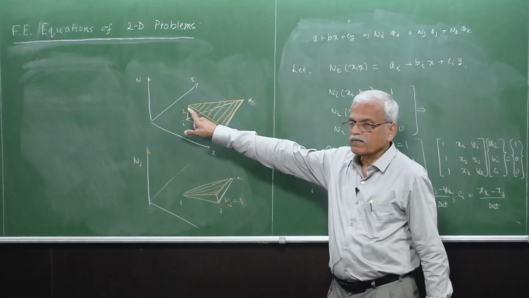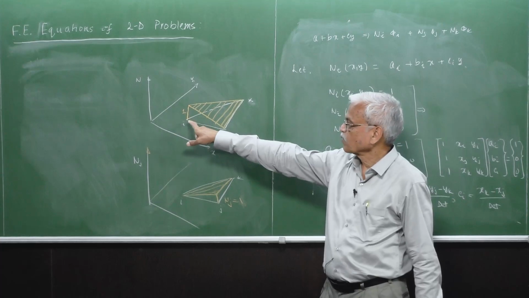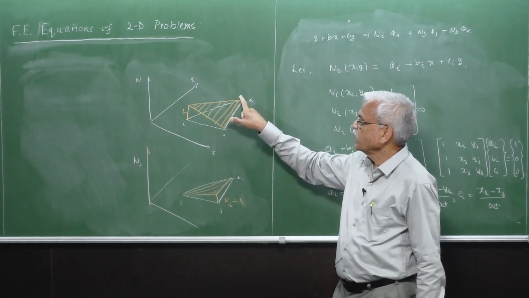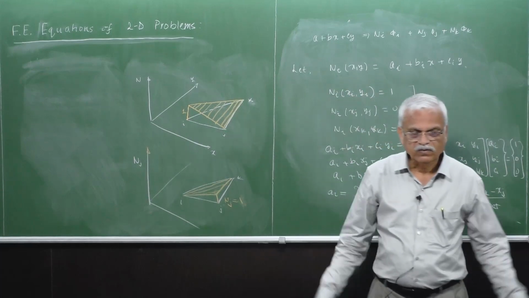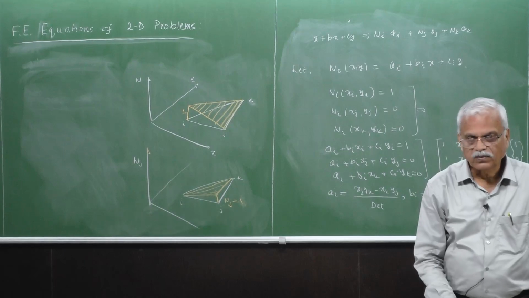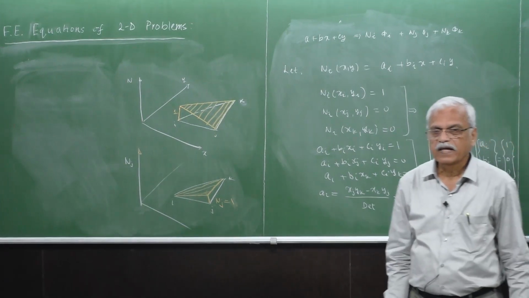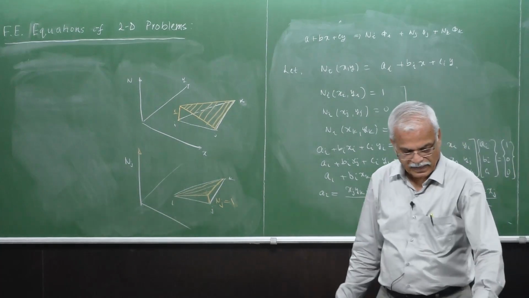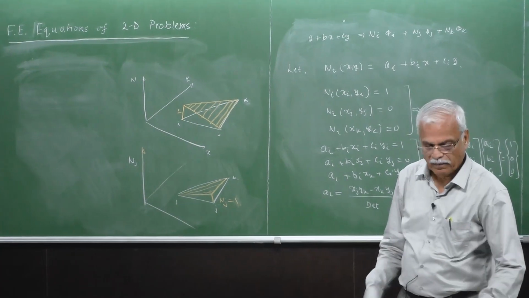So Ni has a value of 1 because it corresponds to phi i, and it becomes 0 here and 0 here. So this is a very simple thing to remember to derive any shape function.